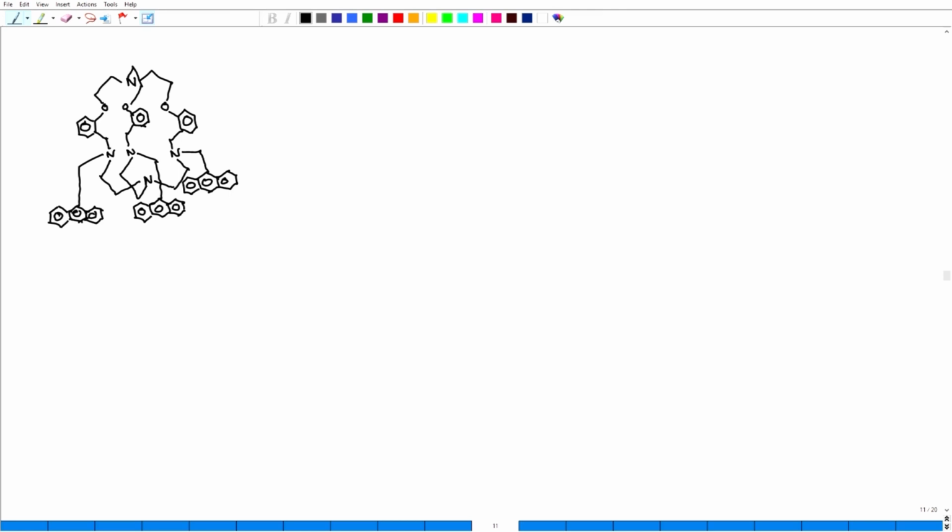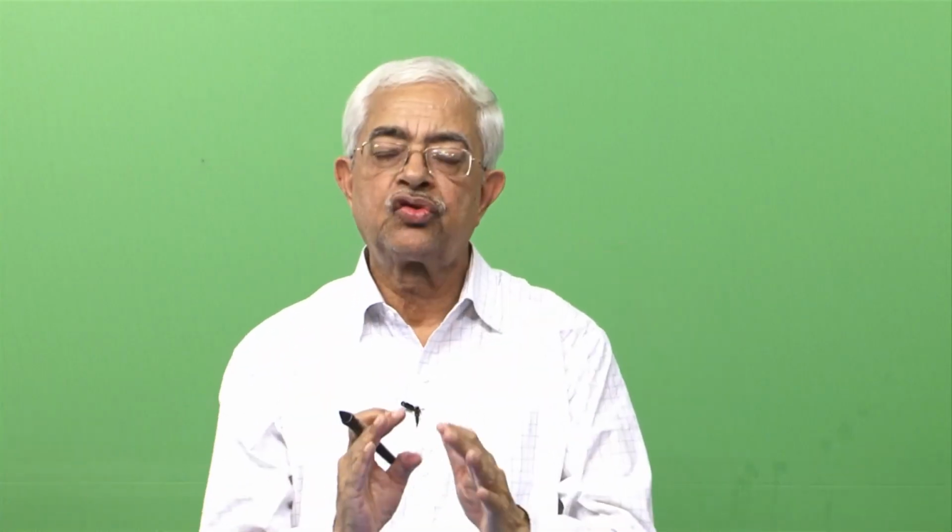So, this compound we synthesized, and what is the property of a cryptand? The property of a cryptand is such that once I put a metal ion inside the cryptand, it is isolated from surroundings.